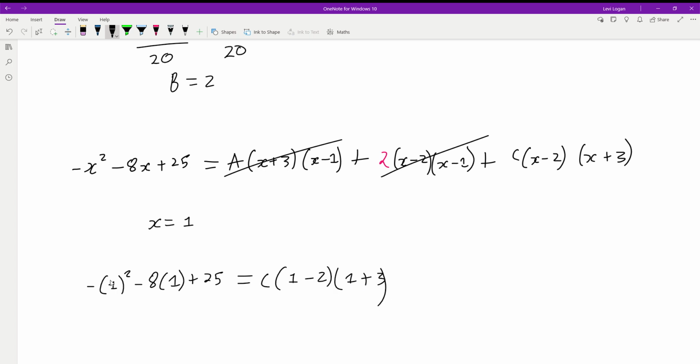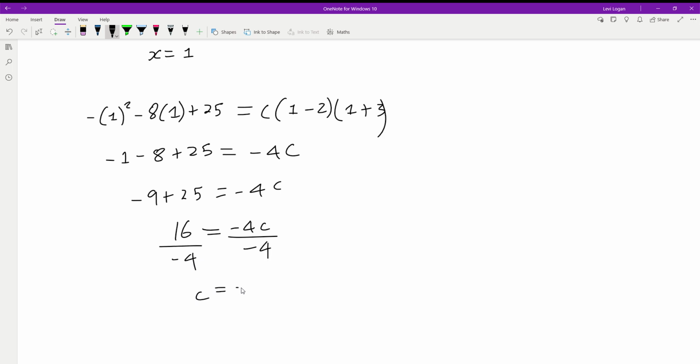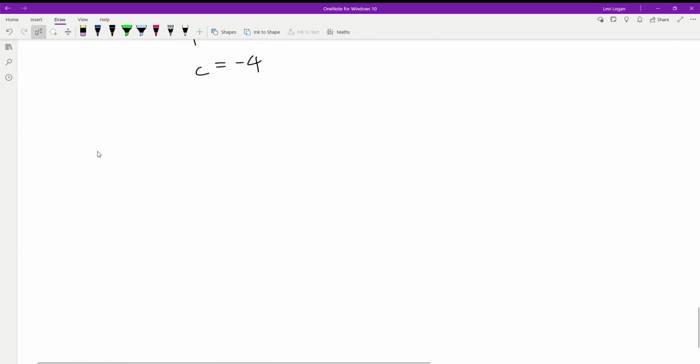So that's going to be negative 1 minus 8 plus 25 is equivalent to negative 4c. Minus 9 plus 25 equals negative 4c. That's going to be 16, I believe. Divide by negative 4, divide by negative 4, and then c is going to be negative 4.